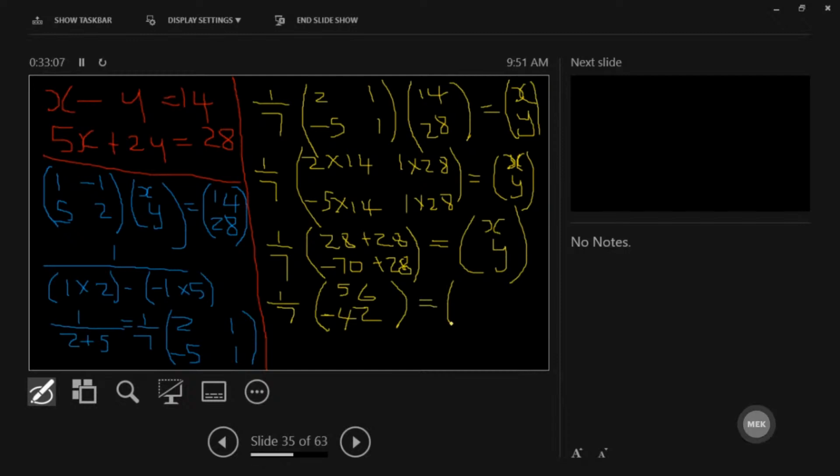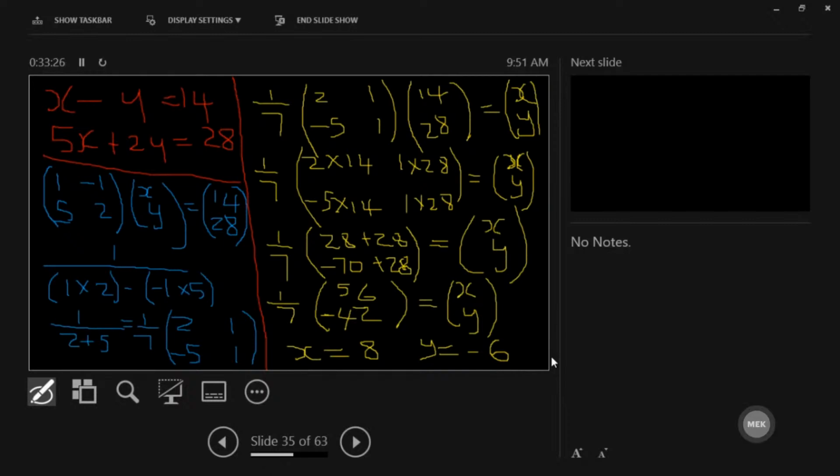So finally, we're going to multiply each of the terms in the bracket by 1/7. So 7 into 56 goes 8. So the x value is 8. And 7 into negative 42 goes negative 6. So the y value is negative 6.